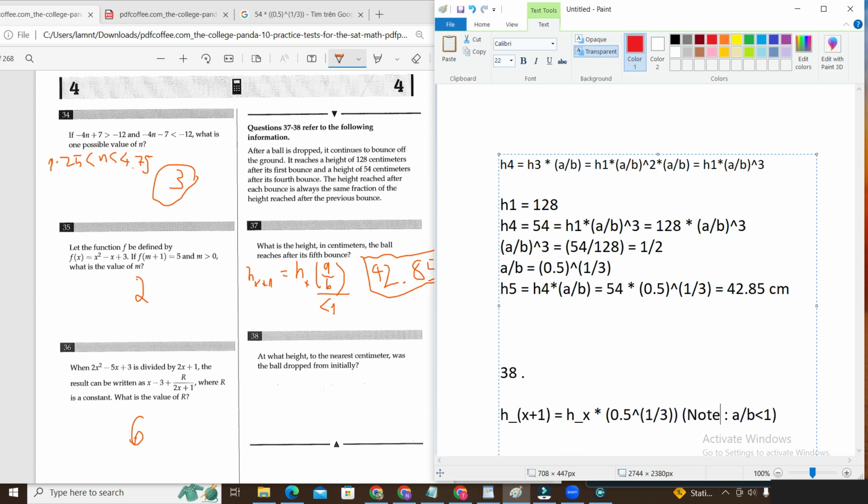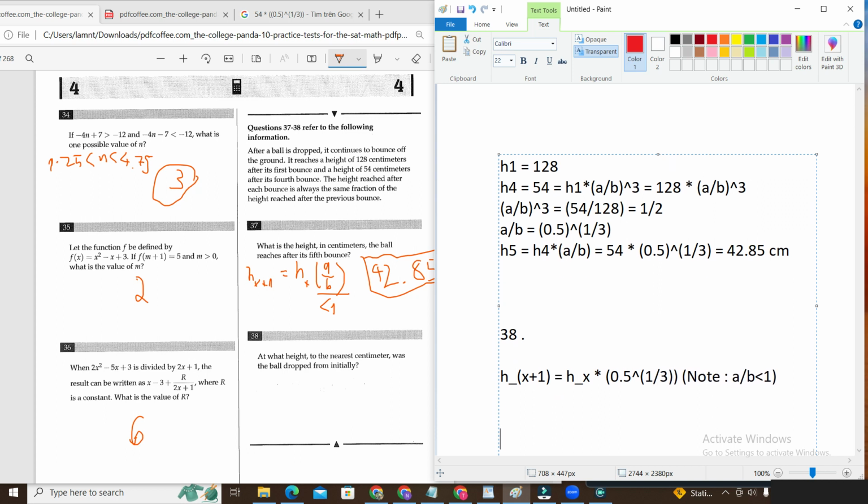So h of 1 is equal to h0 times that constant. Thus h0 is h1 divided by the constant 0.5 to the power of 1/3.